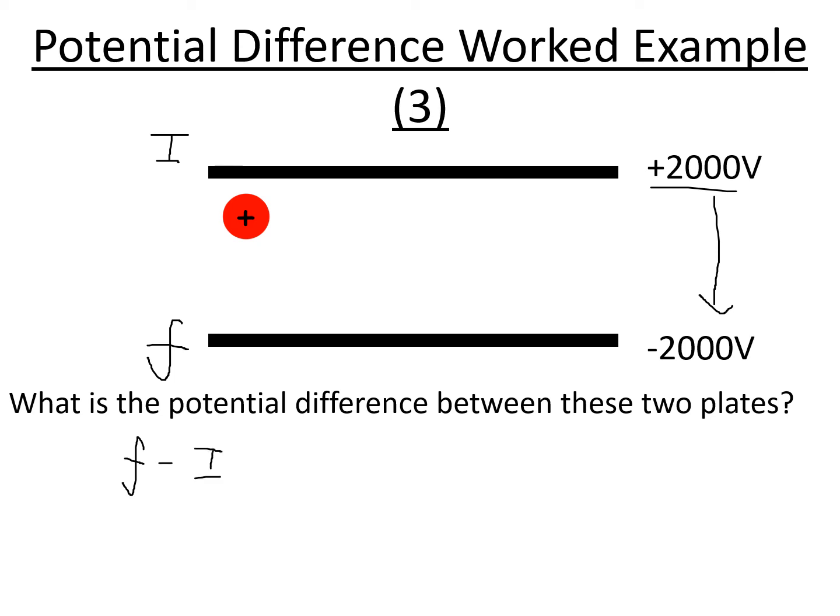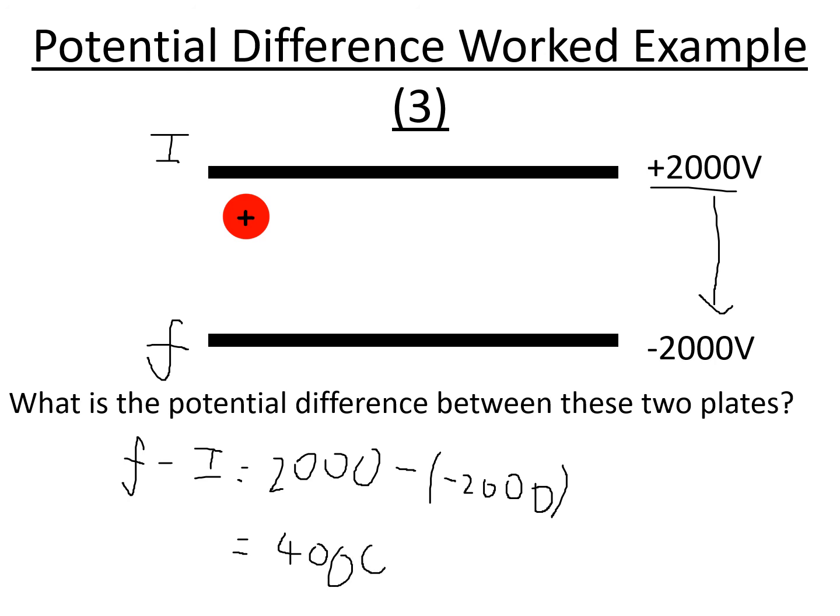So we get that it is equal to 2000 minus, now we have to be careful here because it's a negative 2000. Hopefully you know this from maths, but if you're subtracting a negative number, it's the same as adding that number. So the total voltage or potential difference is 4000 volts.